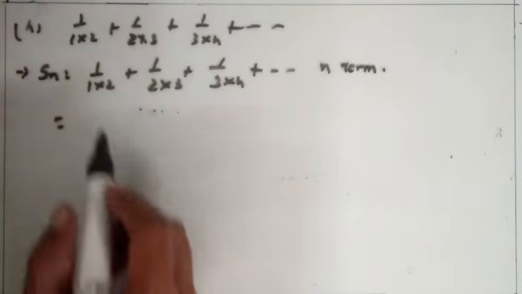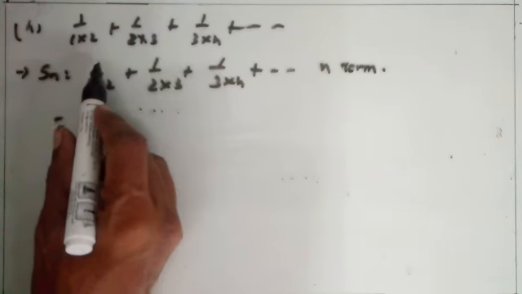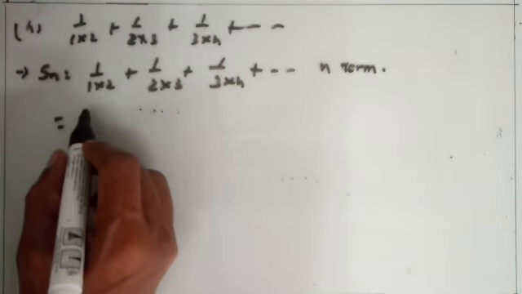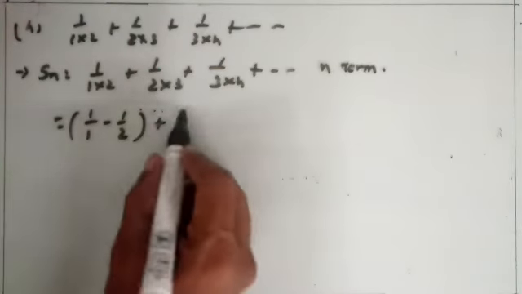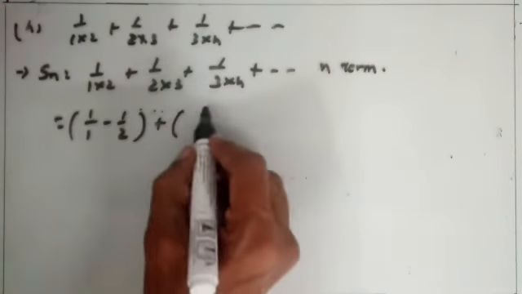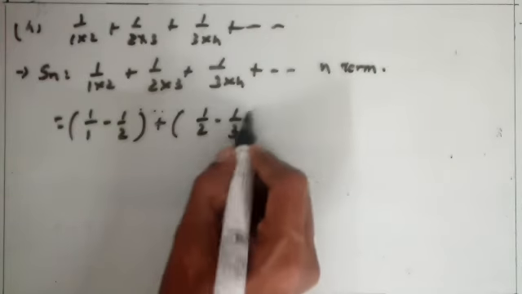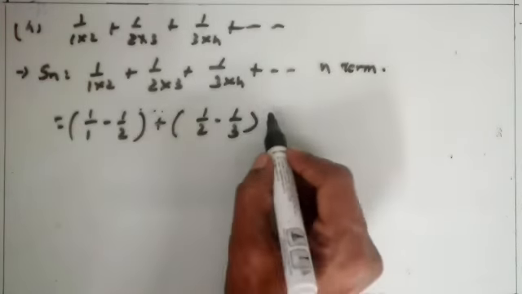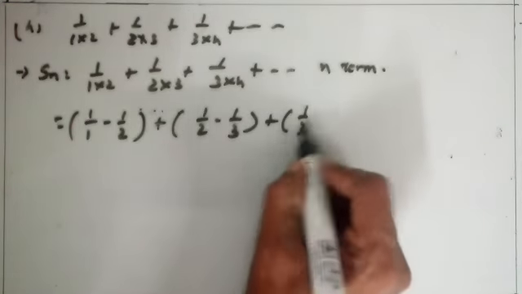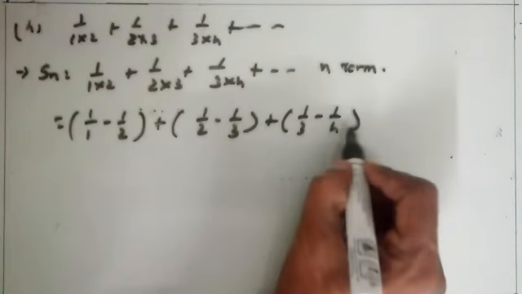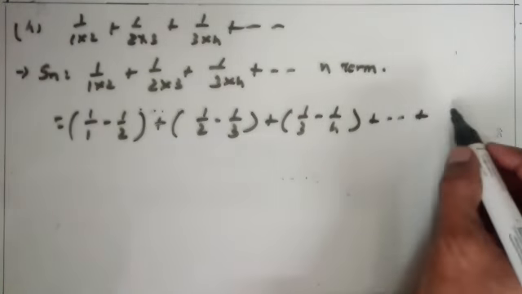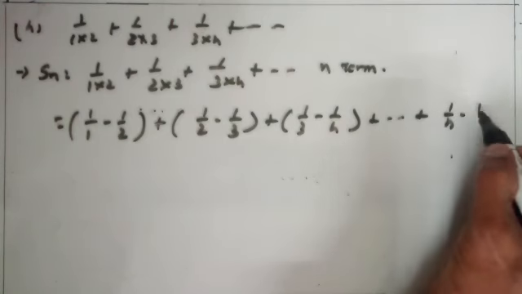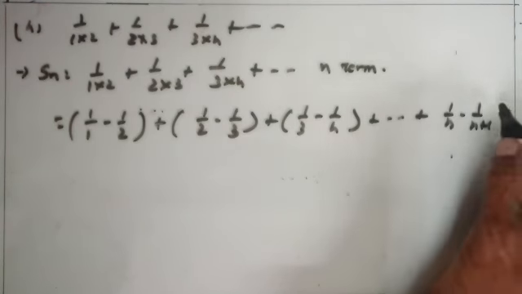So it is equal to, here 1 upon 1 into 2 changed into the form of 1 upon 1 minus 1 upon 2, clear, plus the same, 1 upon 2 minus 1 upon 3, okay, plus 1 upon 3 minus 1 upon 4, applying the same, the last term, the n-th term, is 1 upon n minus 1 upon n plus 1, clear.